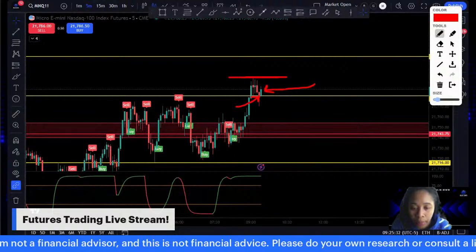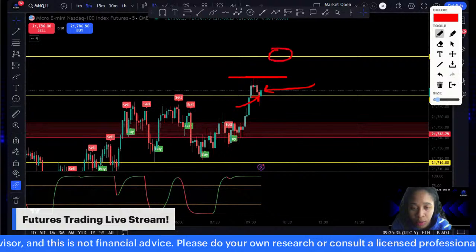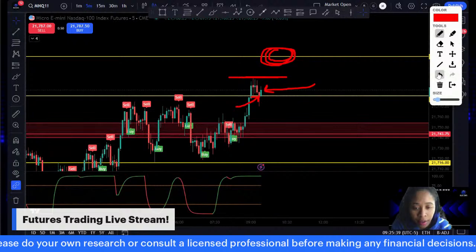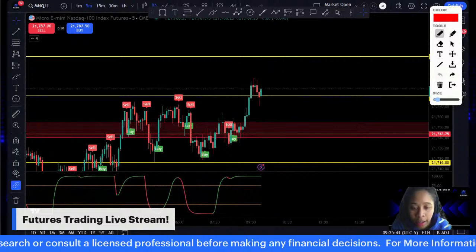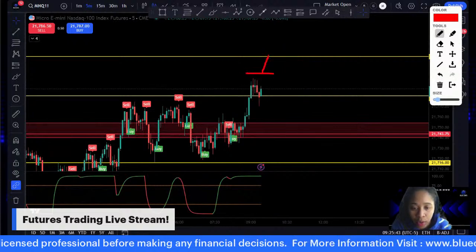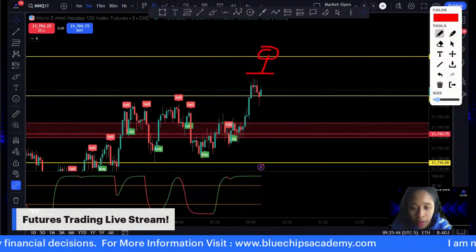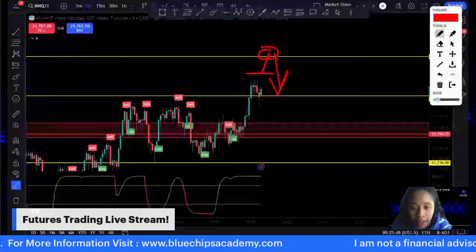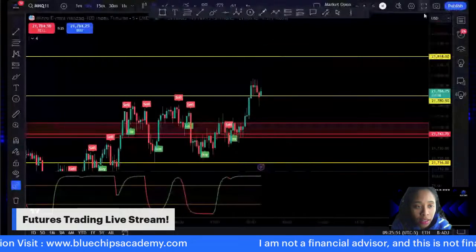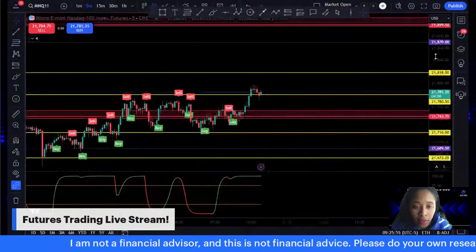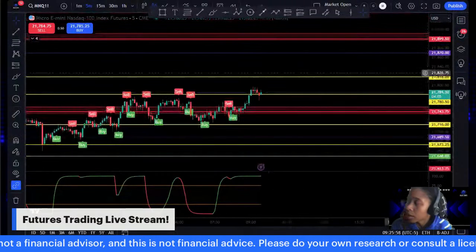But we're not going to hop into it. We're just going to keep our minds open, because remember, this level will determine if we should get into a buy or sell. Here's what can happen: it can engulf, we get into a buy, it's a short buy, and then we come slamming down to this level. But if we break, now we know we have a lot of space for price to hit the next level there.